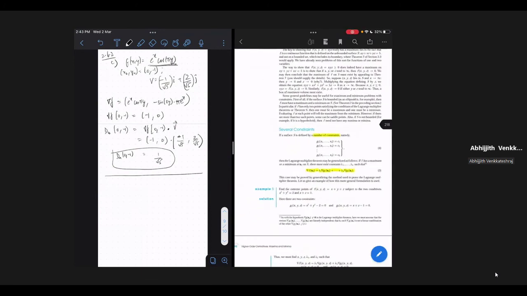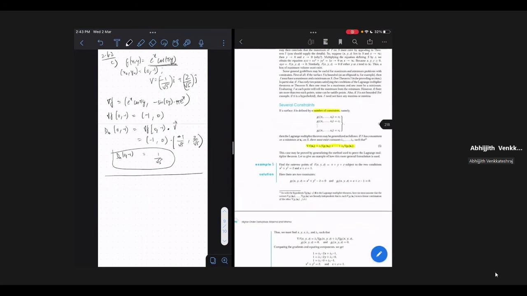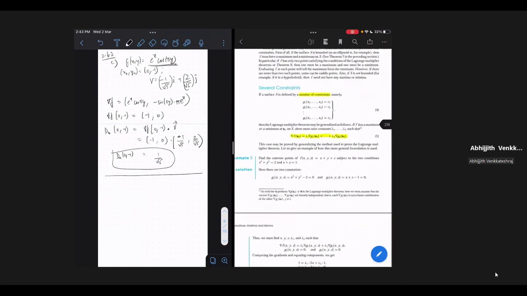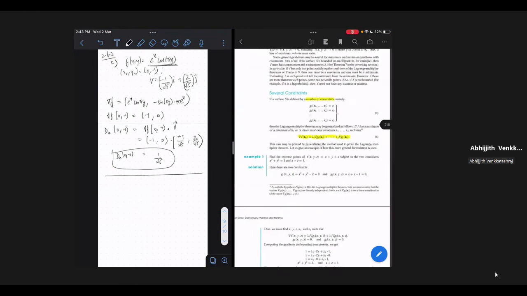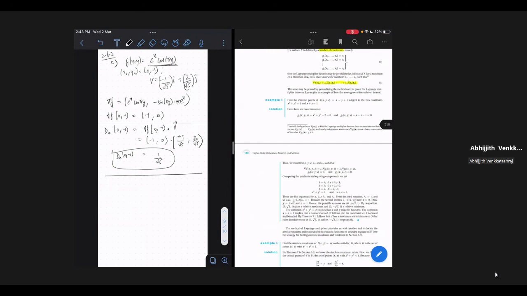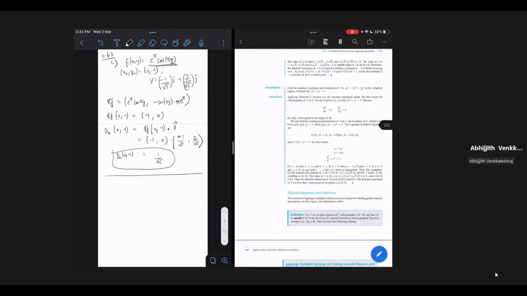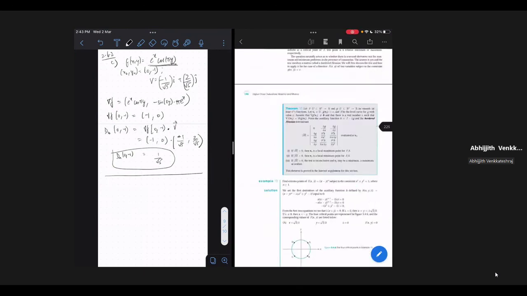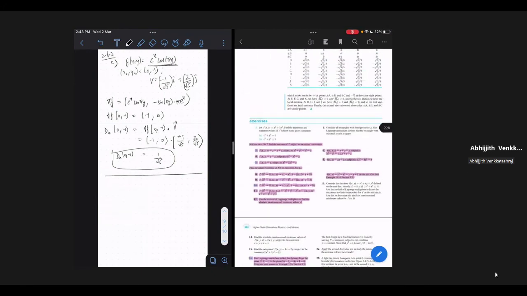Like in this example, you find the extreme points of this f function subject to two constraints. There is a method of doing this, and it would be the majority of the next homework, I think. Let's see how many problems there are. Yes, in your next homework also, we have something similar.